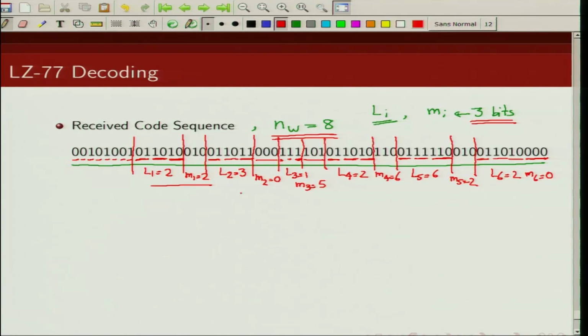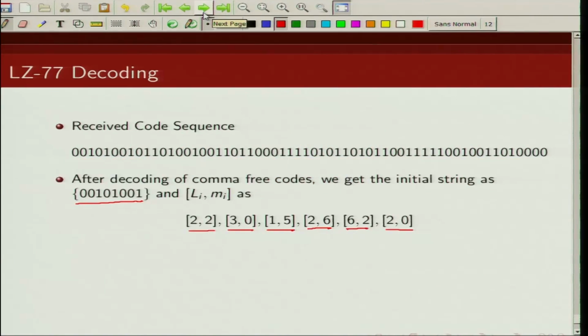This was my L1 M1, L2 M2, L3 M3, L4 M4, L5 M5 and L6 M6, and this was my initial NW bits, right? So I have this. Now what do I need to do? Once I know these LIs, MIs, now I need to find out what is the corresponding string Y1 corresponding to this L1 M1. What is the substring Y2 corresponding to this L2 M2. So I need to find these substrings.